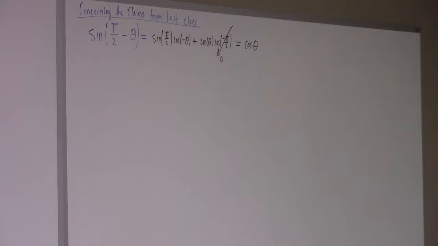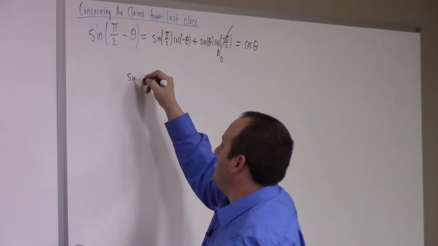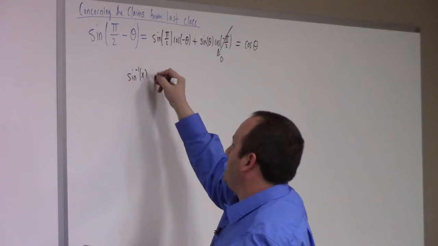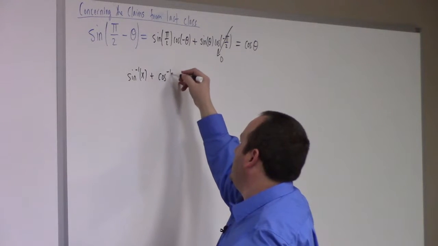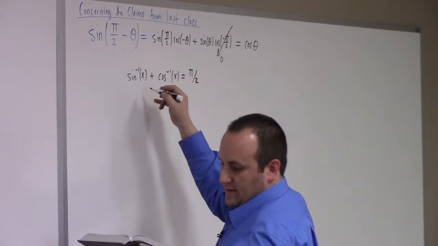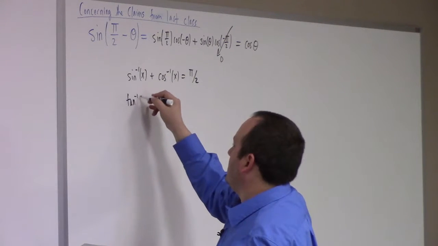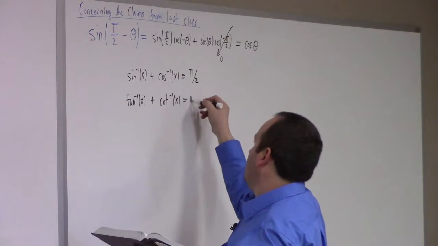So the claim that I'm referring to, we're on page 384. Yeah, these things. He says that inverse sine of x, I'll just remind you guys what the claim is. Inverse sine plus inverse cosine of x is equal to pi over 2. We also had a claim that there's this identity, inverse tangent of x plus inverse cotangent of x is pi over 2.